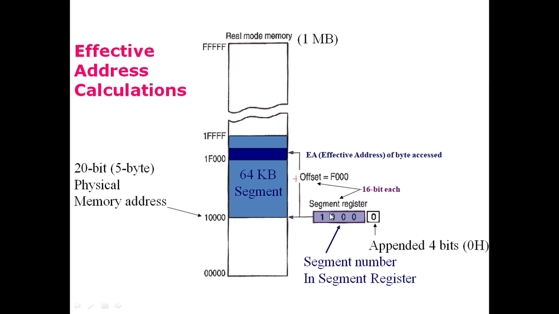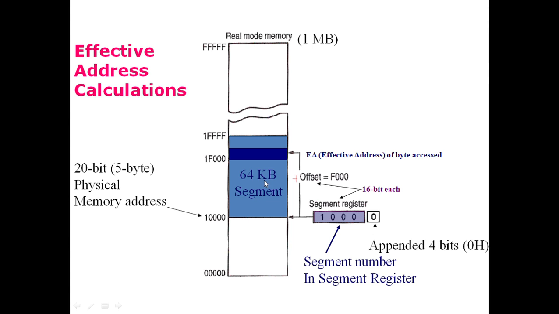Now appending a 0 in hexadecimal gives us the starting address of the segment, but we have to reach a particular location inside this segment. Let's suppose this is the location where the microprocessor has to reach. Then we use an offset address, which is an address relative to the starting address of the segment.